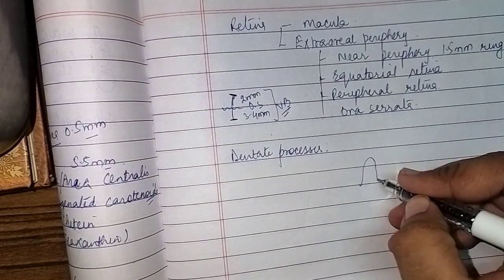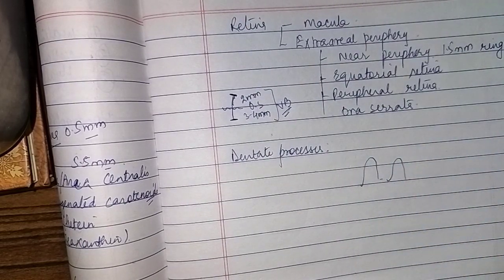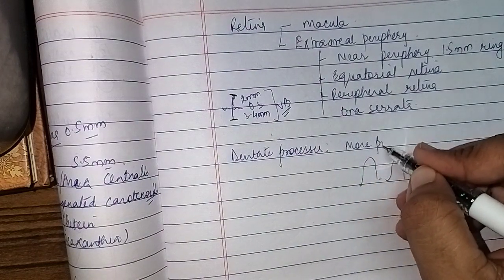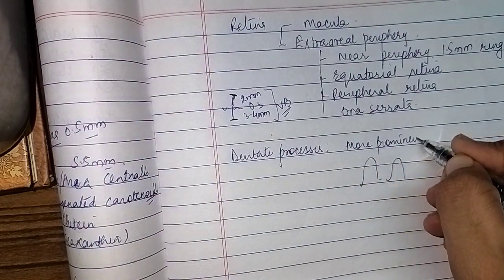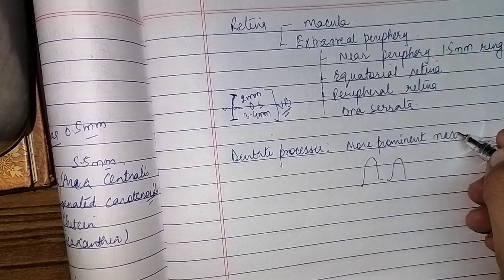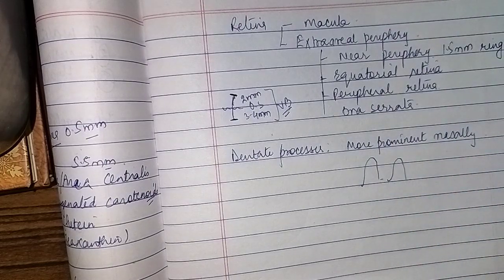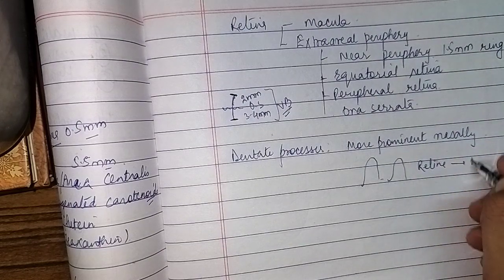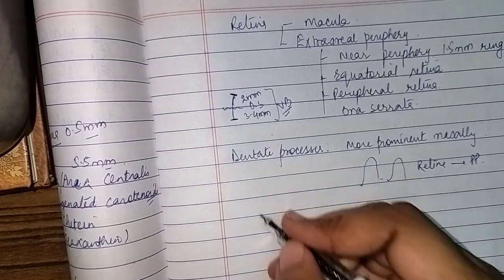These dentate processes, they are more prominent nasally. Right. What are ora bays? These are the extension of the pars plana towards the retina. If retina goes into pars plana, so this is the dentate processes.